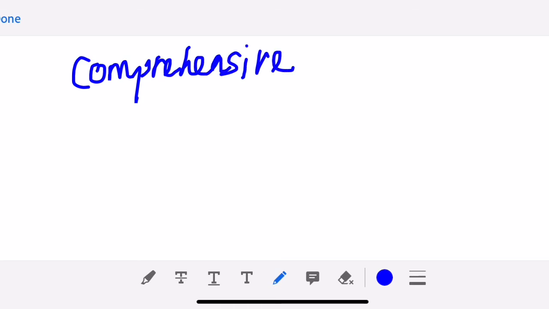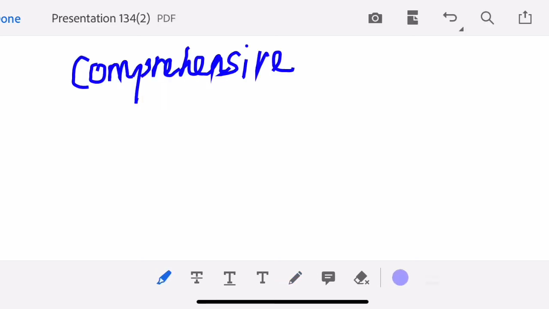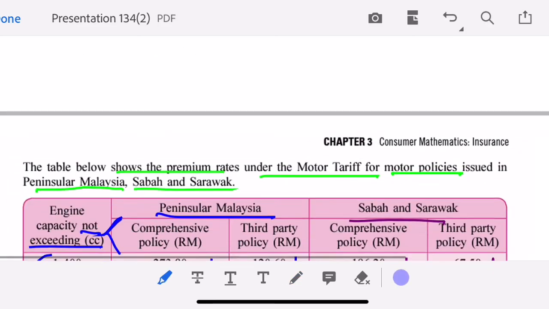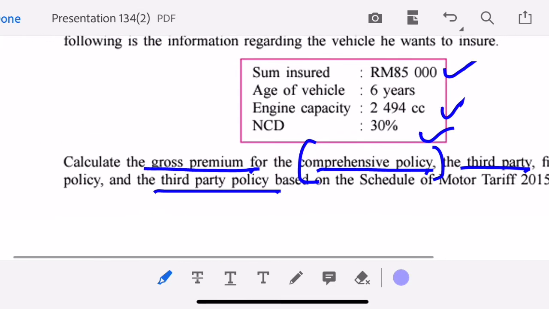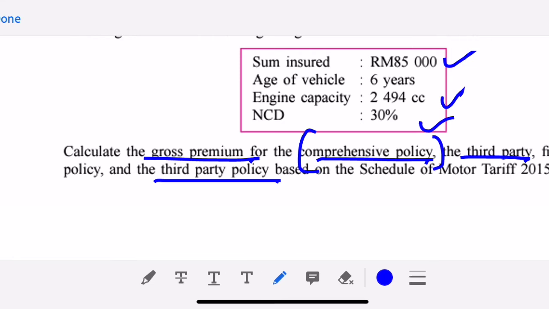Let's say the car insured is 85,000, right? So 85,000 for the first 1,000, we have to refer to the table.